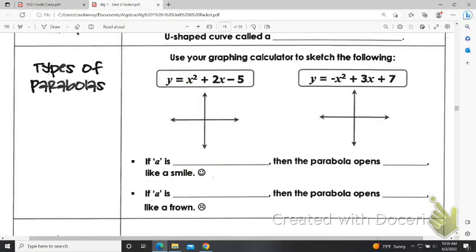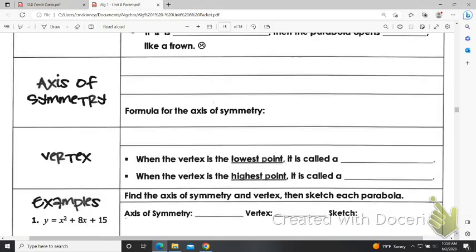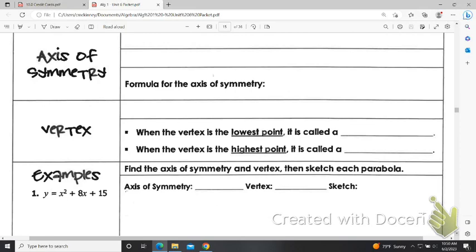So to actually make those graphs, I at least got an idea of where the turning point of the graph is, which is called the vertex. And to get there, I also found the axis of symmetry. I wasn't very careful about how I sketched those, so it probably didn't look like it had an axis of symmetry.